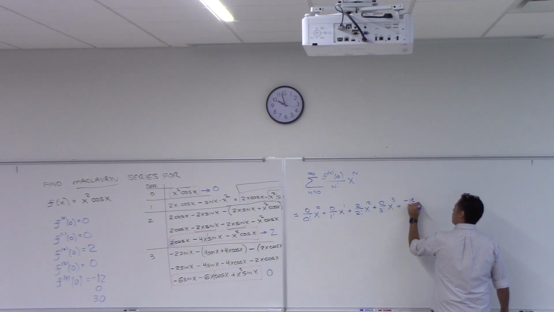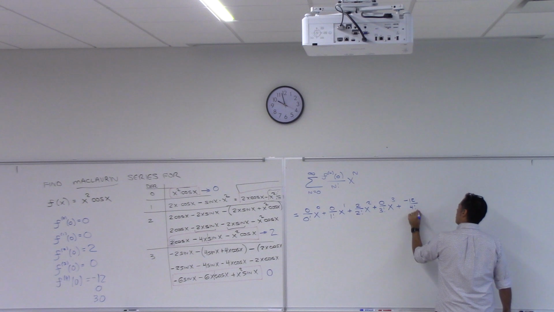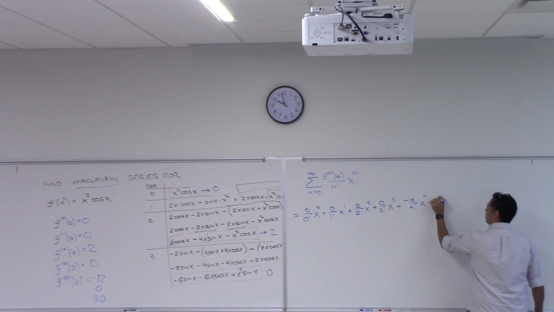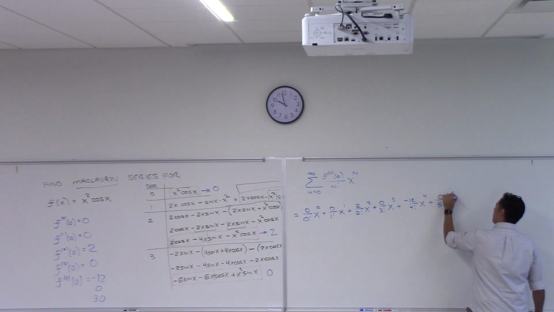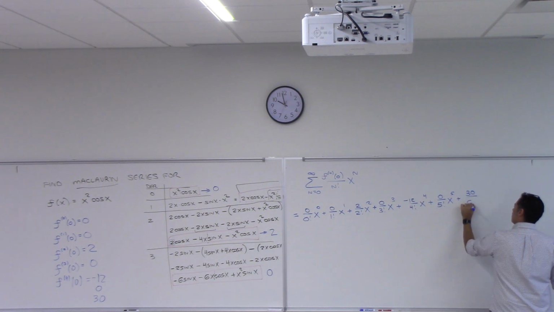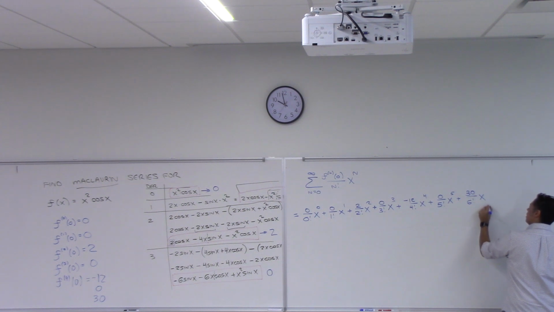Negative 12 over 4 factorial x to the fourth. Next one. 0 over 5 factorial x to the fifth. I'm going to go as far as I have information. Plus 30 over 6 factorial x to the sixth. Plus dot, dot, dot, right?